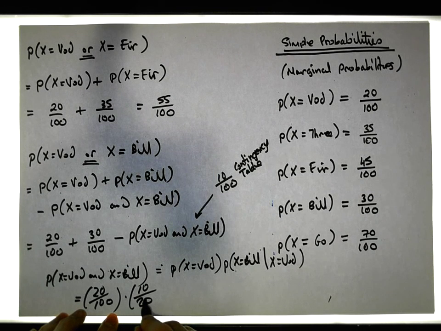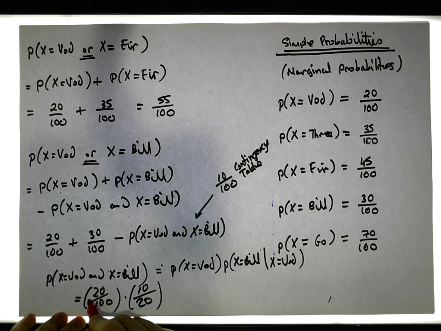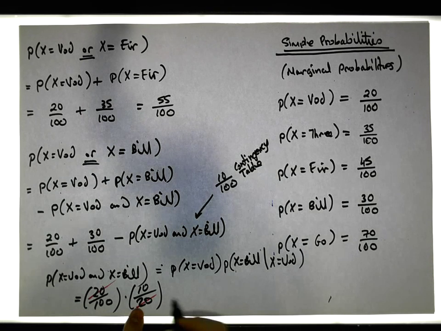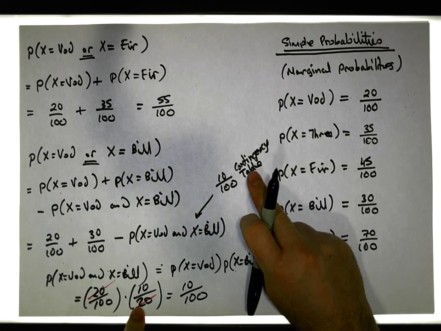You can see that these two cancel, which leaves us with 10 chances out of 100, which agrees with the contingency table.